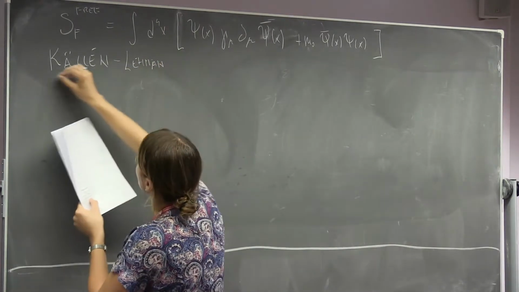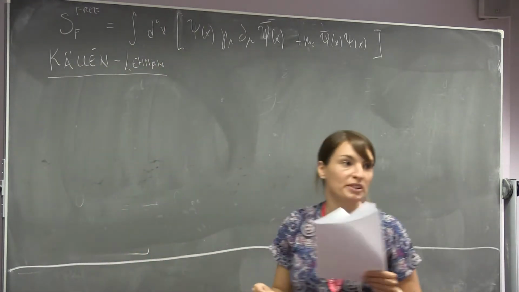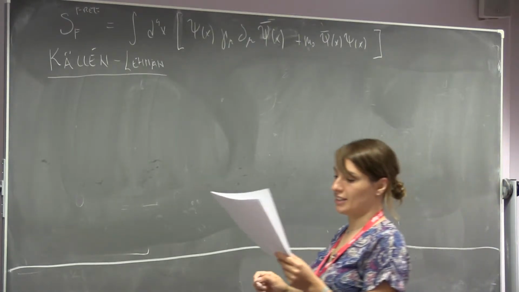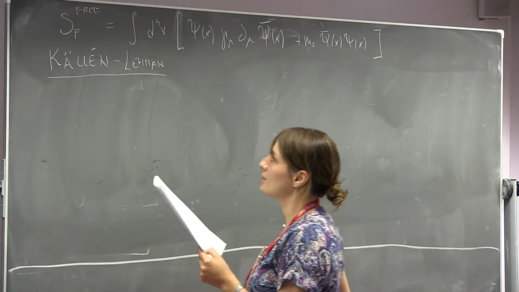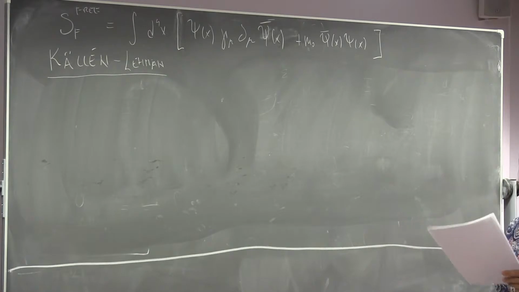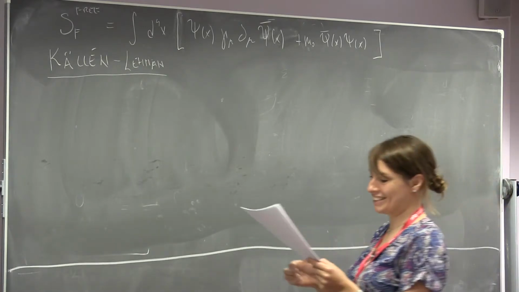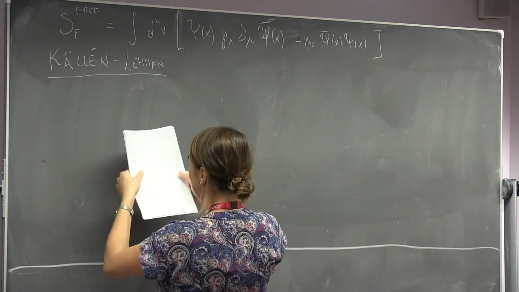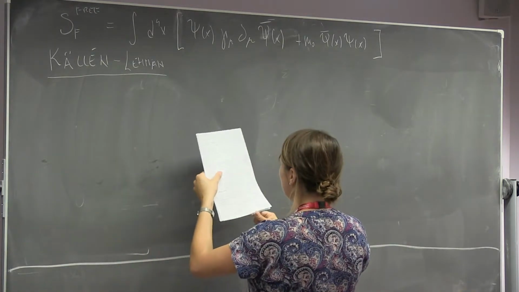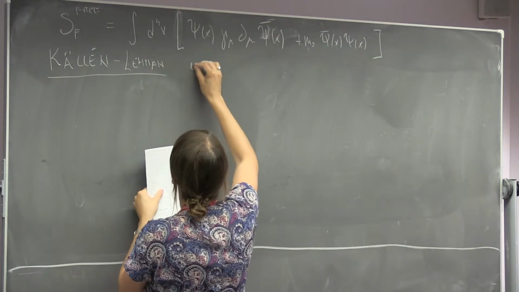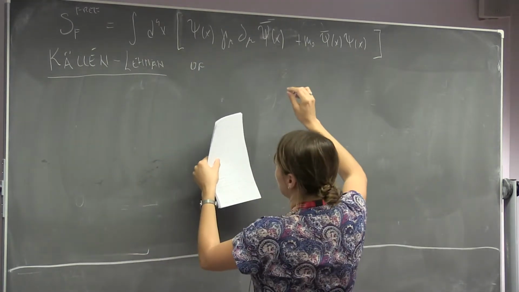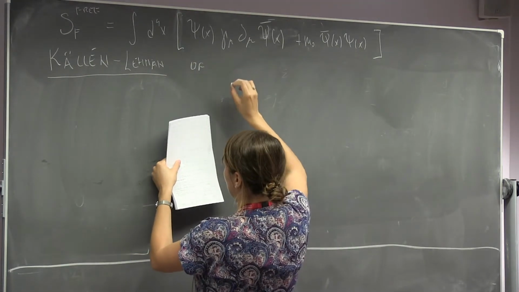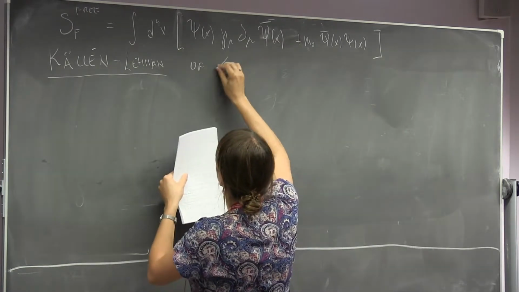Thanks to the Swedish people in the audience, I've learned that the right way to pronounce this is Källén-Lehmann, correct? Good. All right. So from now on, we're going to call it the Källén-Lehmann representation of the two-point correlator.